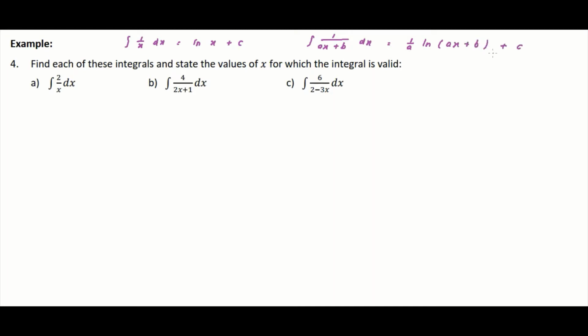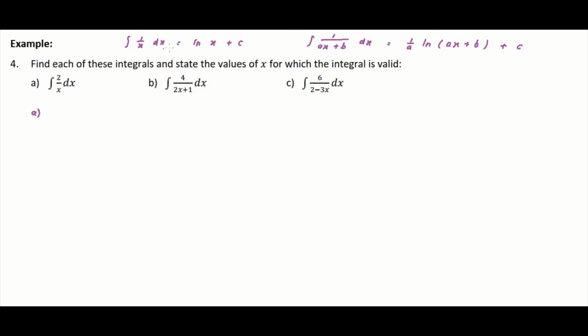It's actually the same thing you can remember from the exponential function just now, but now you have a natural log. The idea is still the same, where you differentiate the function, then you divide by the derivative that you have.